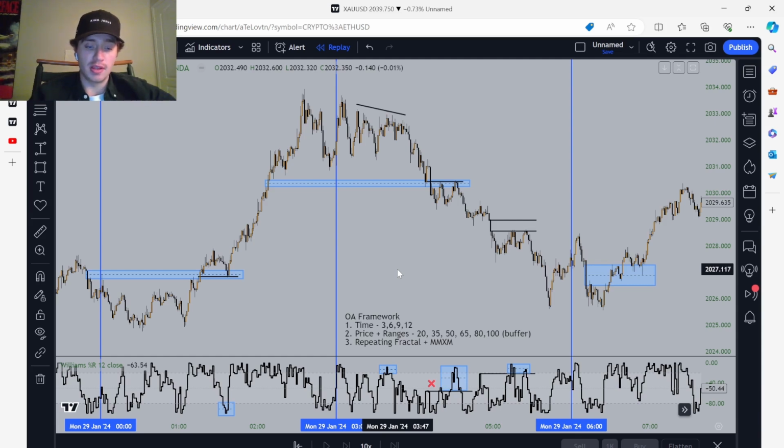You need to be visualizing it, anticipating it, practicing on a demo account, getting comfortable with it. And once you do that, then and only then I would suggest adding in these key times of day, and these key price ranges, and also the utilization of the price over here.